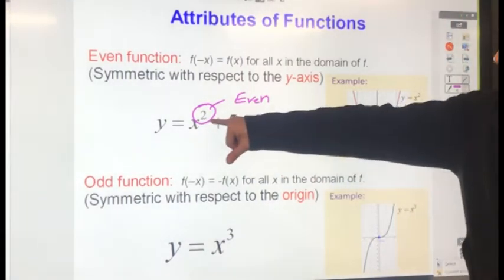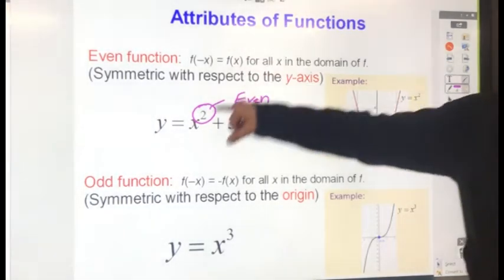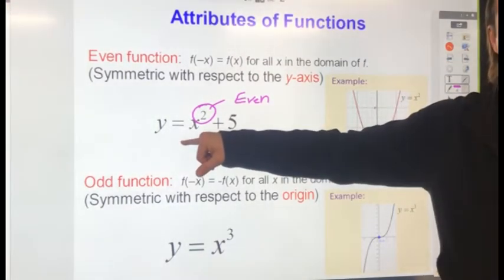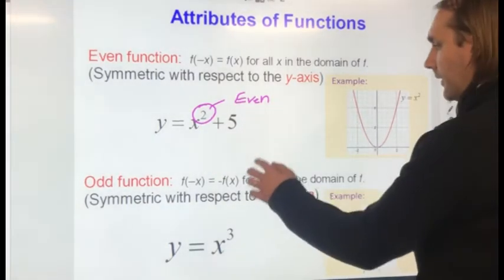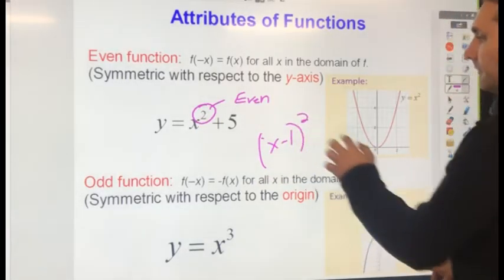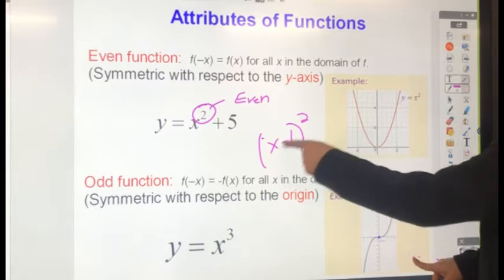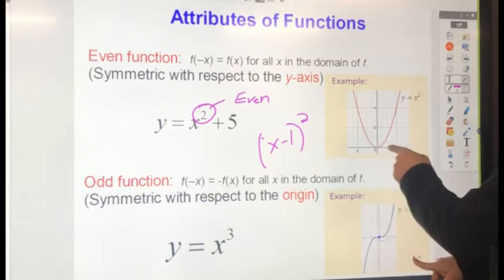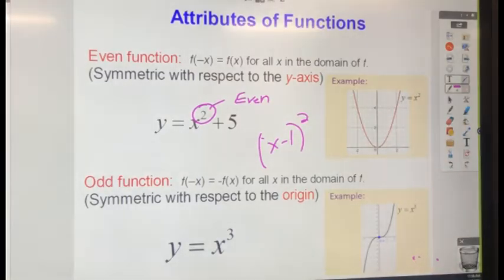Even powers are not always symmetrical, but if it is symmetrical on the y, it is always an even function. Does that make sense? Because I can turn this into x minus 1 squared, where my highest power is squared, which is even, but this means I shift it to the right, which means it is no longer symmetrical along the y.